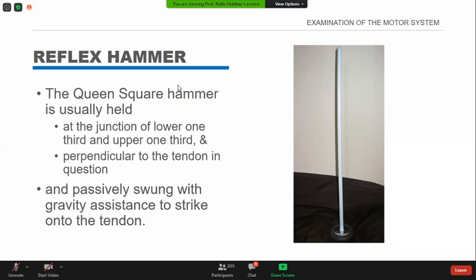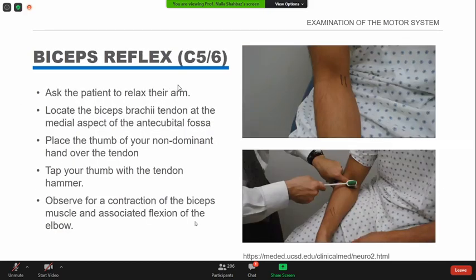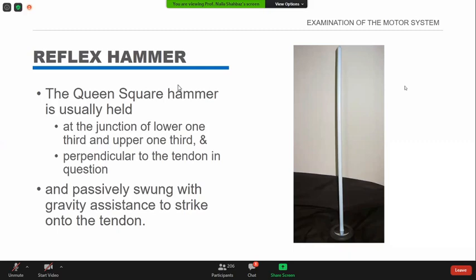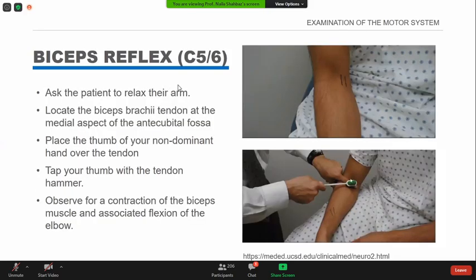It should be passively swung with gravity assistance to strike onto the tendon. I'm sorry, I could not find pictures of people performing with the Queen Square hammer, which we commonly use in our clinics. Pictures were available with this type of hammer, which we commonly do not use in our clinics.